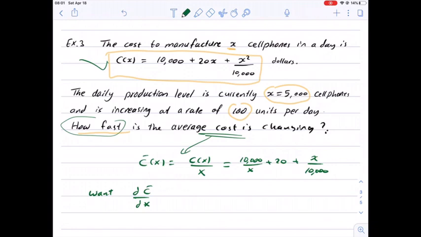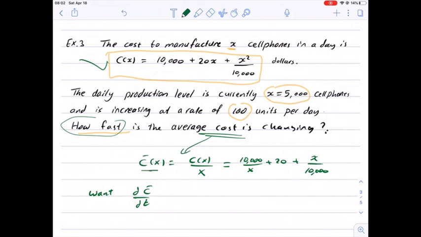Now the question is, what is the related change of C bar with respect to time? So we want to find dC bar over dt.